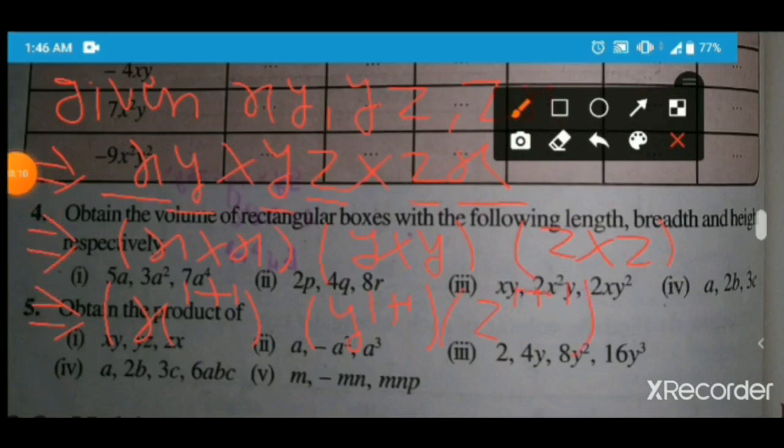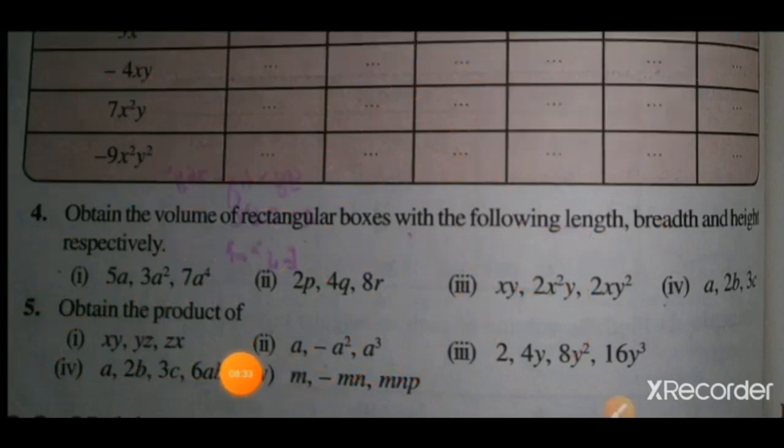In our next step we can write it is x raised to the power 1 plus 1 is x square. Similarly it is y square, and this is z square. So this is our solution of part first.